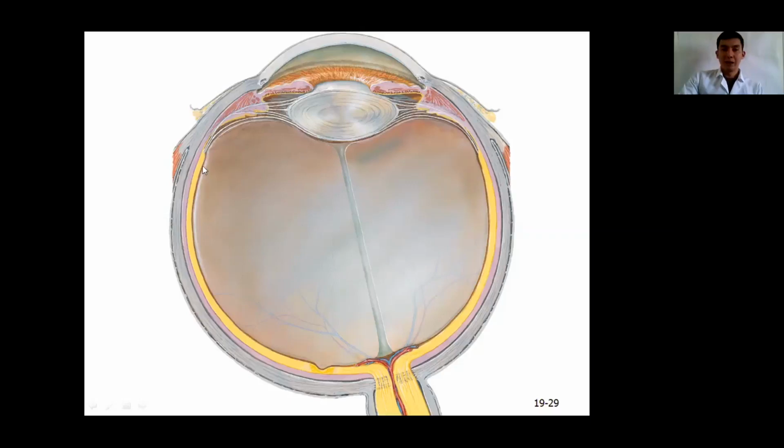The most inner layer is the retina. And this is the vitreous body. Centrally, as you see, this canal is the hyaloid canal. So the refractive media consists of the cornea anteriorly, aqueous humor, lens, and vitreous body.